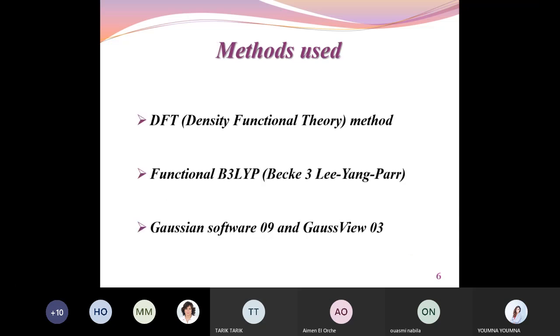To determine the stability of a molecule, we use the DFT method, which is based on the functional B3LYP, simulated by Gaussian 09 software, which is based on the fundamental laws of quantum mechanics.